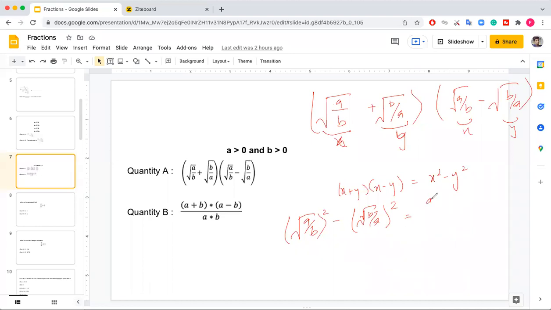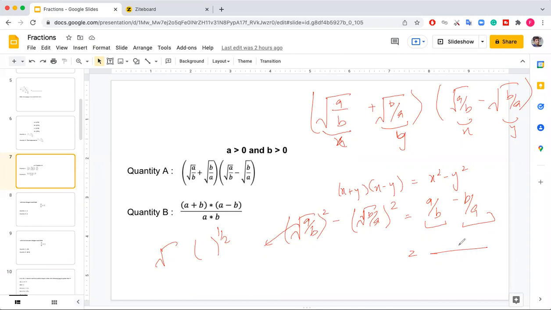So this is actually A over B minus B over A. And I believe all of you know that the square root is actually the power 1 over 2, right? So 1 over 2 and 2 will cancel out. So this will be A over B minus B over A, right? Just subtract these two with different bases.